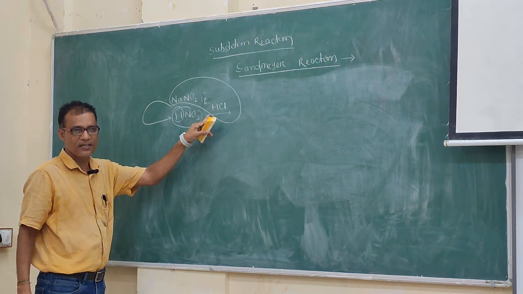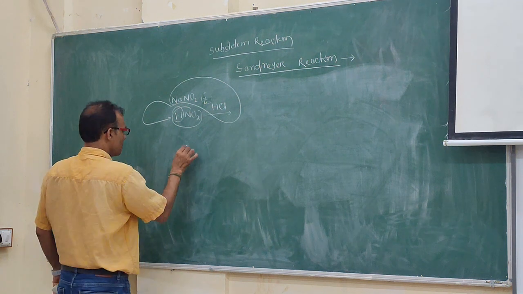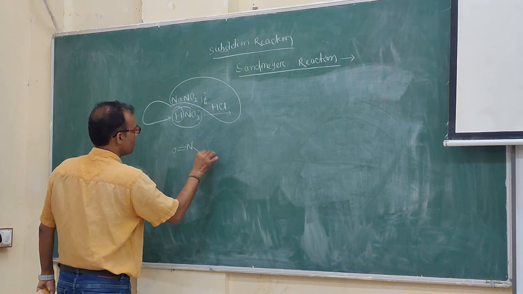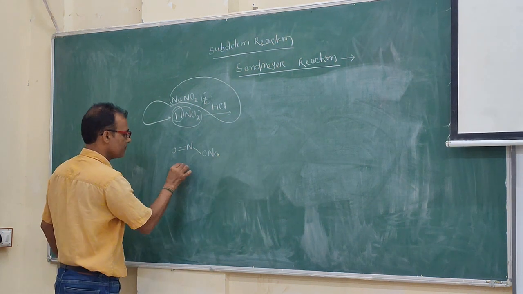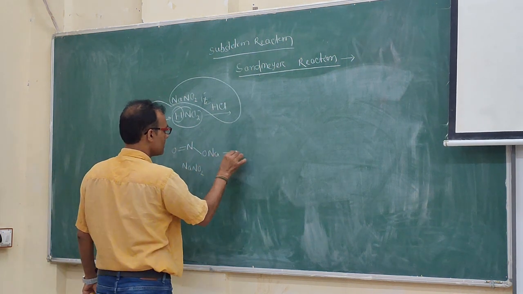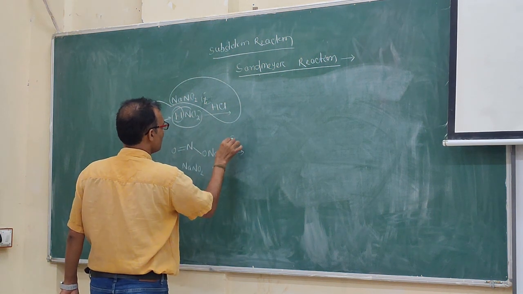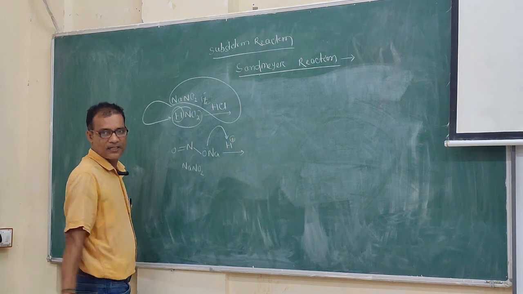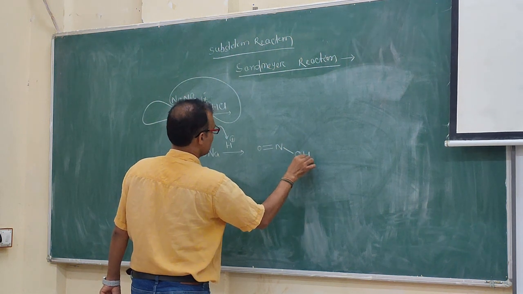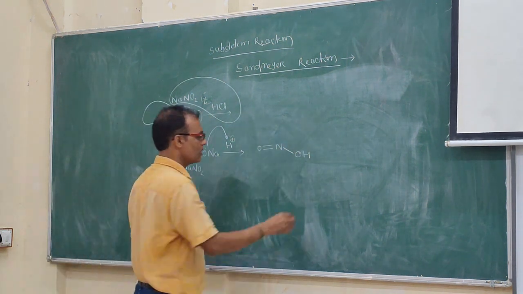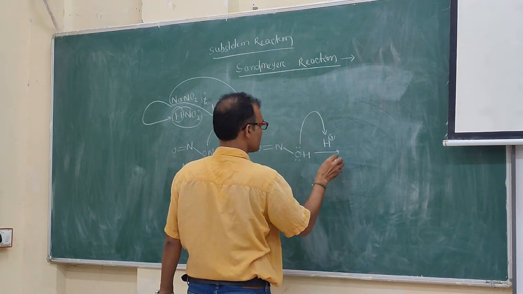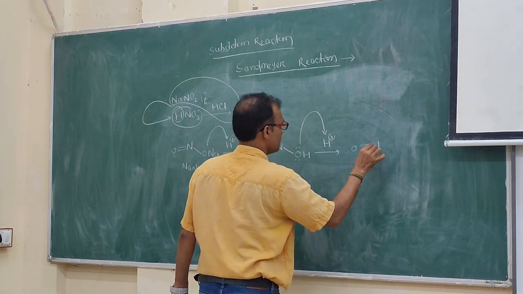If you go for sodium nitrite, you have N double bond O, with O N. Here you take HCl, which means you have H plus available. So first the oxygen will take this proton and convert to OH. Then use this lone pair of electrons of oxygen, so it will be N OH2 plus.